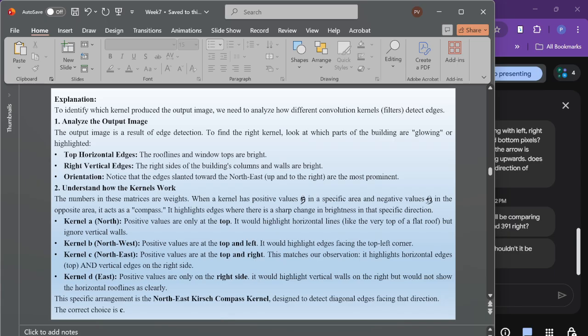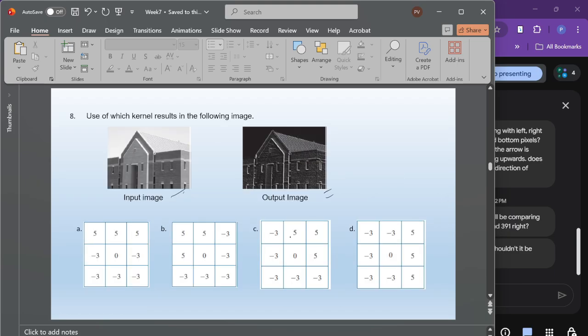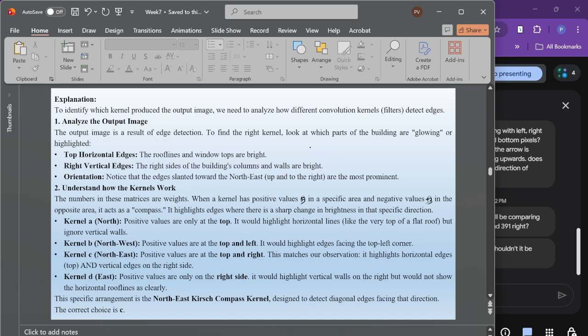In option C, the northeast, the positive values are the top and right. So this matches our observation. It highlights the horizontal edges at the top and vertical edges on the right side. So that's why option C is correct.